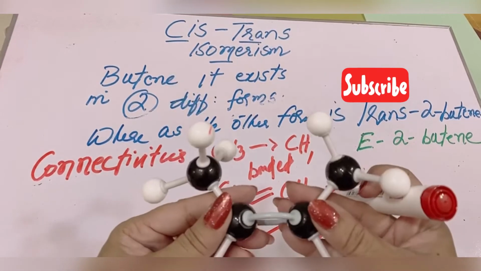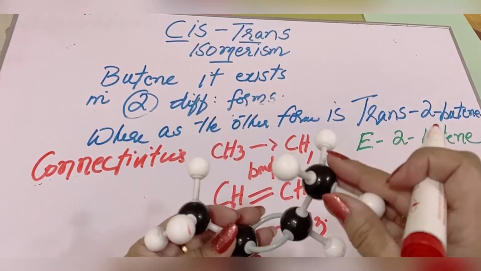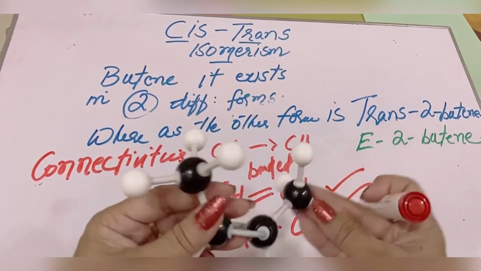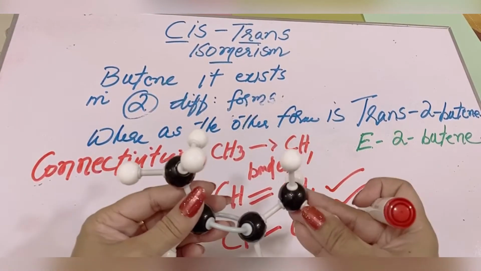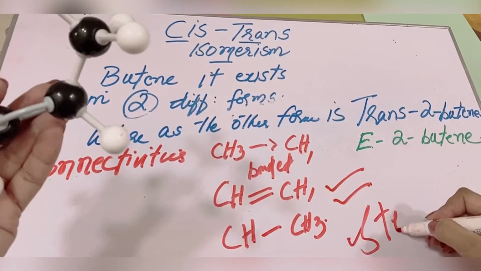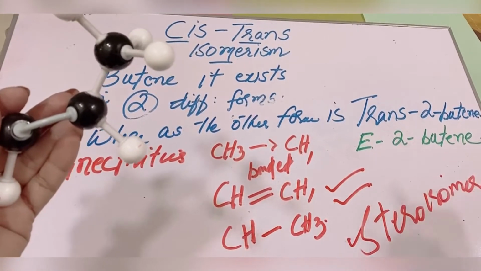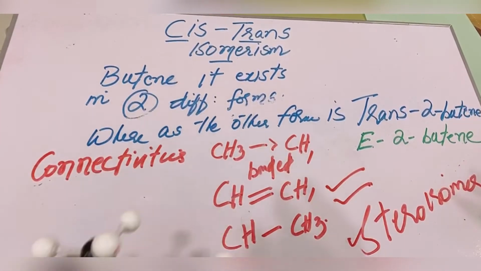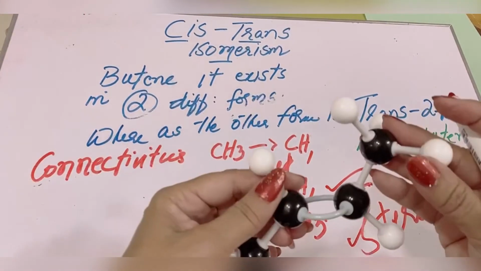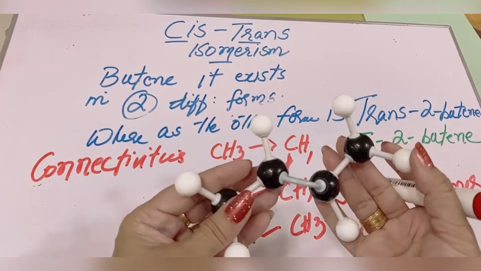So in spite of their similar connectivities, the difference lies in the way their constituent atoms are arranged in space, and that's why they are called stereoisomers. Because of the arrangement of atoms in space, they are called stereoisomers.